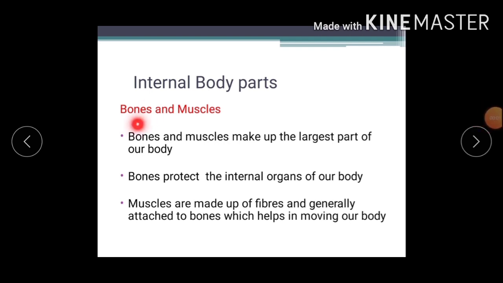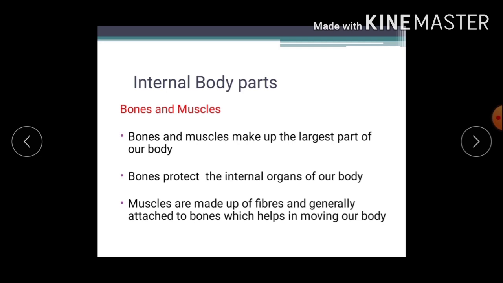As I've said, bones help us in many ways. One of the major functions of bone is to protect the organs from damage. Secondly, it acts as the storage for minerals, especially for calcium.